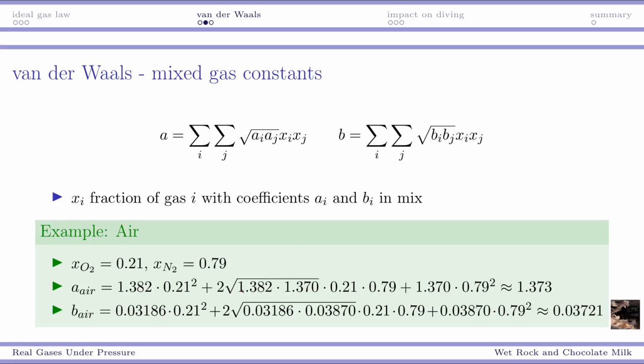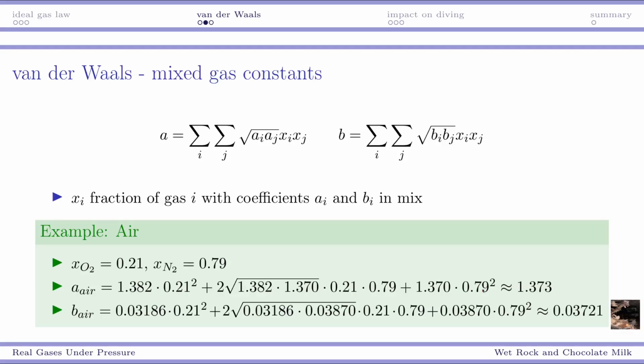That gives us the square root of 1.382 times 1.370, multiplied with the two fractions, 21 and 79%, and 2, because it comes once for I being oxygen and once for J being oxygen. And then finally, I and J both being nitrogen, we get a similar term to the oxygen term: we take the A value for nitrogen, square it because it comes twice, and take the square root, so it's just the A value for nitrogen, and then we multiply this by 0.79 squared as well.